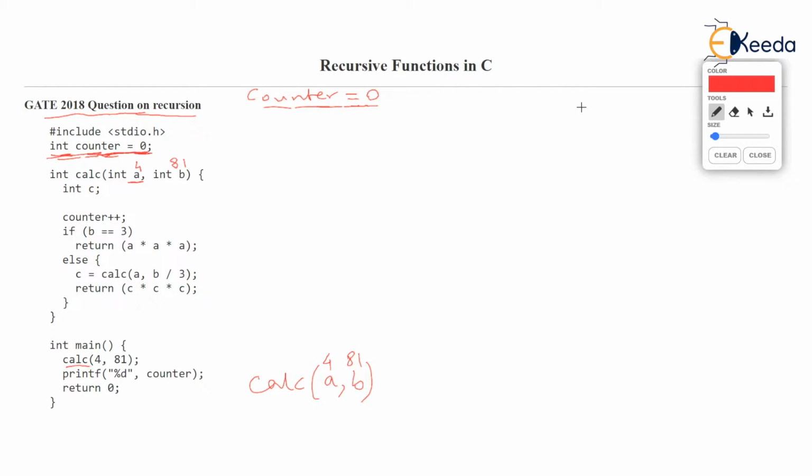Now if you read the function carefully, there is a variable called C declared here, but this C is local to calc. So whenever calc function will run, it will declare its own C for its own use. This is the auto variable or local variable. The next line has counter plus plus.